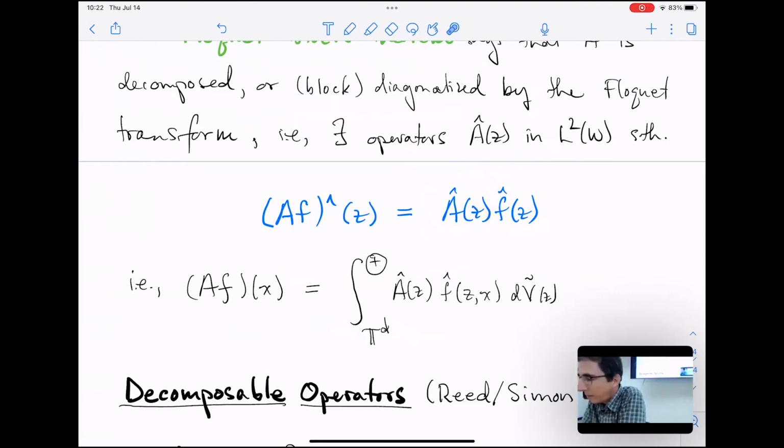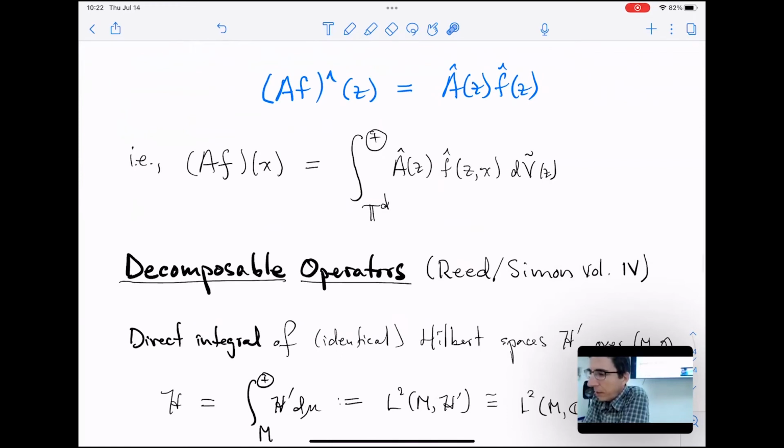You see, because F hat of Z has values in L2 of W, the part that wasn't resolved. And so the operator A, which was acting on functions on all of X, now is acting on functions on just a fundamental domain. Okay, but in different function spaces for the different pseudoperiodicities, the different Bloch multipliers.